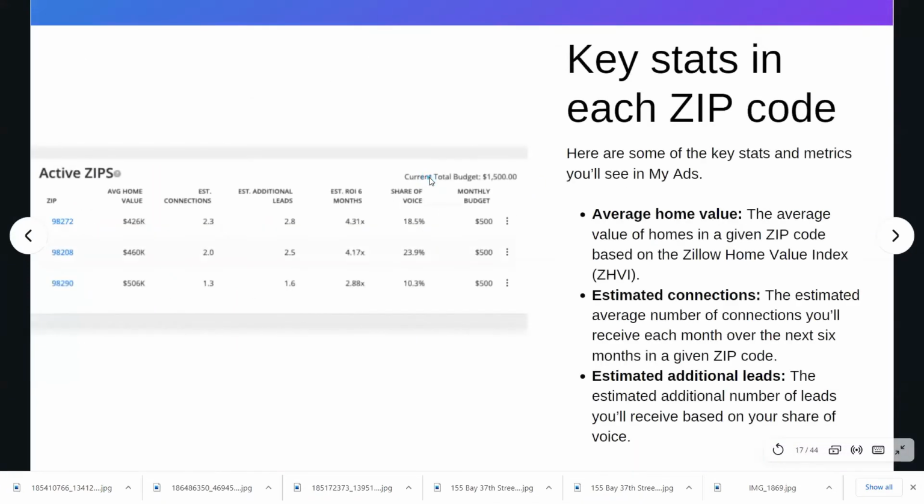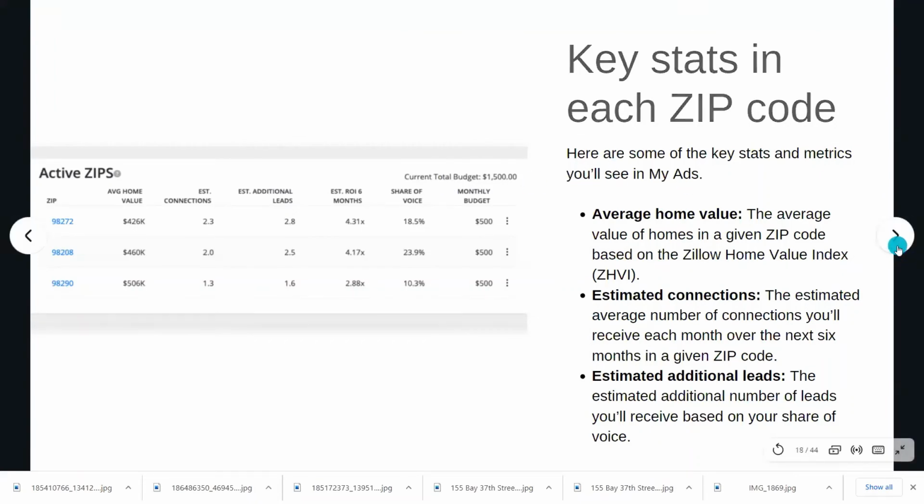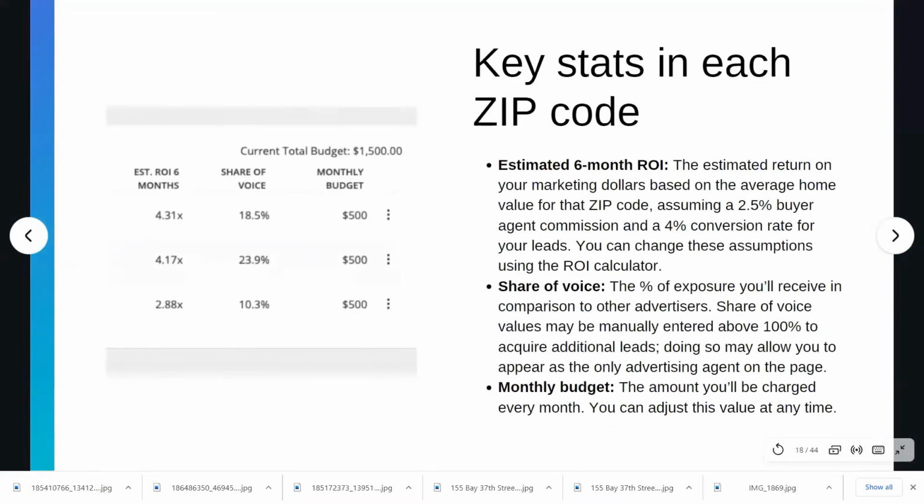Okay, and the key stats for each zip code, right, is your average home value, your estimated connections, and your estimated additional leads. This will give you an idea of what your possible return on investment can be based on your budget.